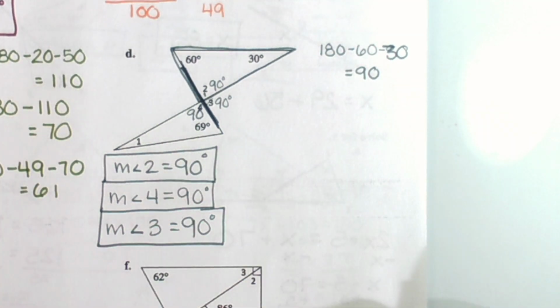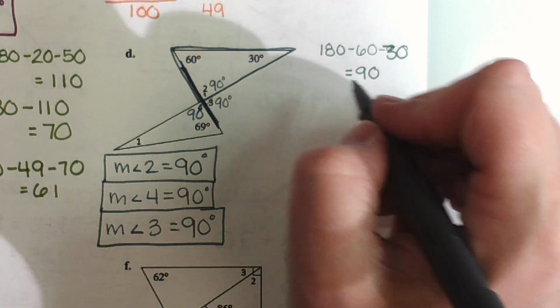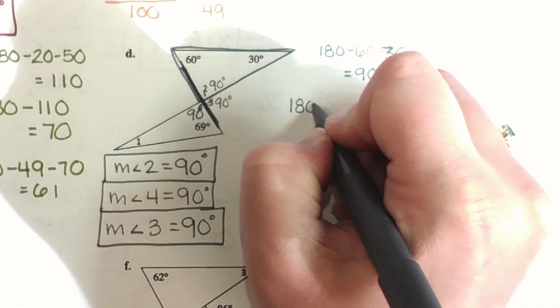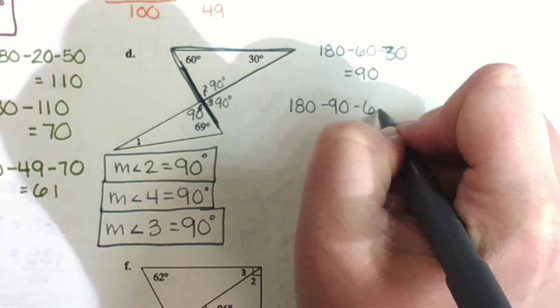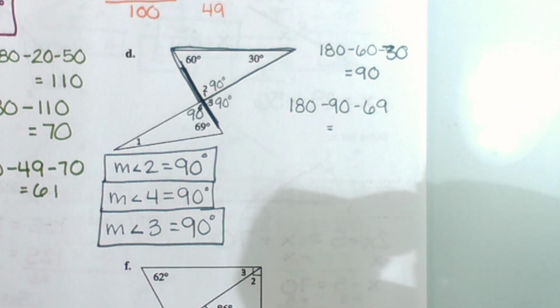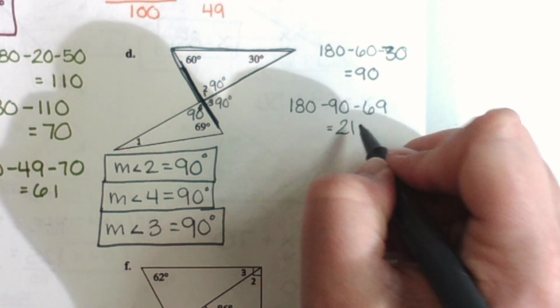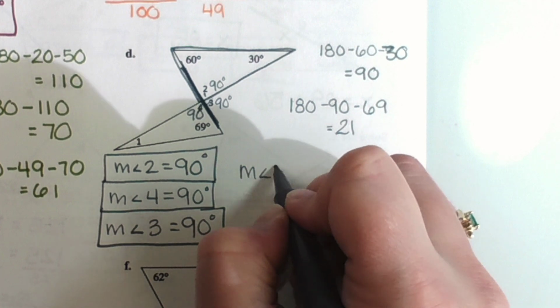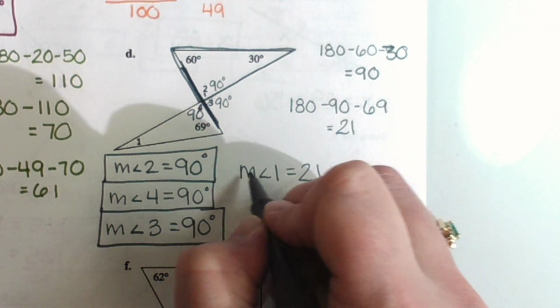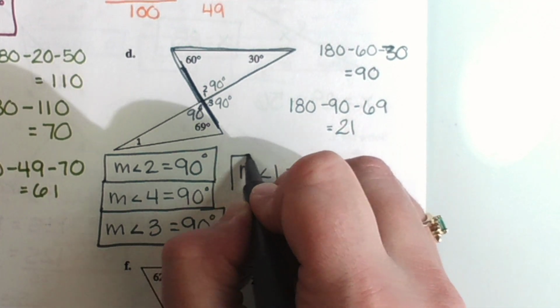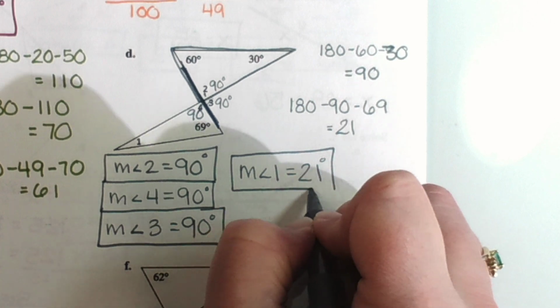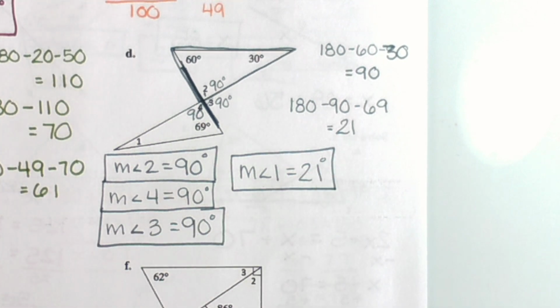What do the angles of the triangle add up to? So 180 minus those two. Someone with a calculator verify my math? Yeah. Sweet. Okay.